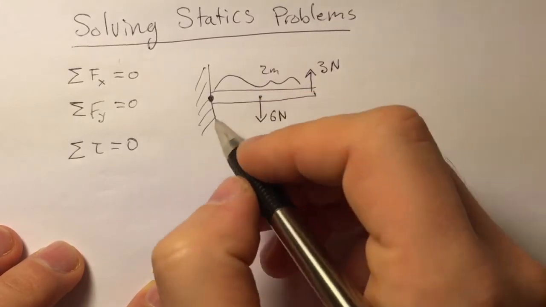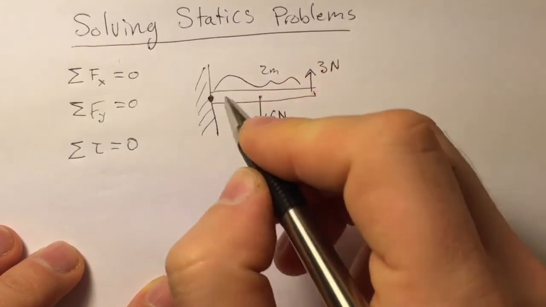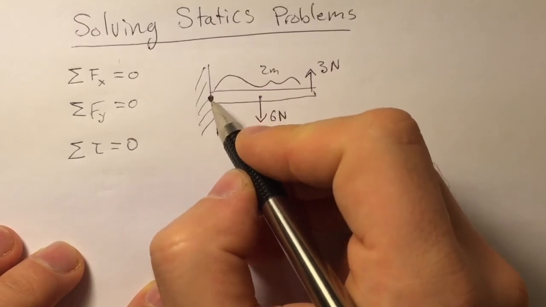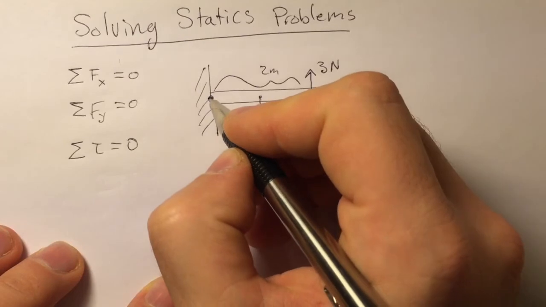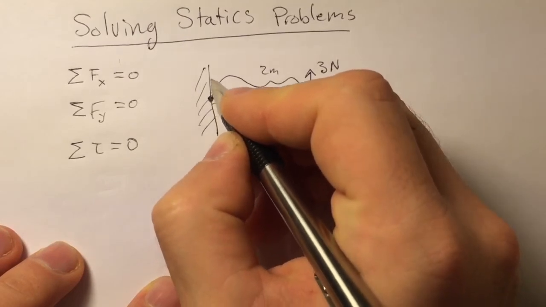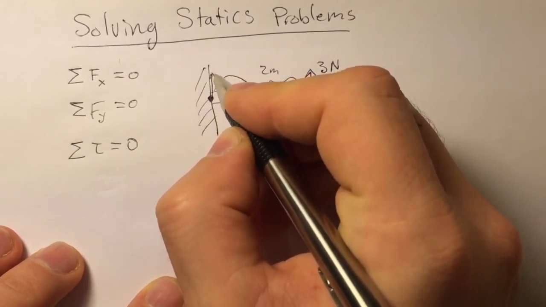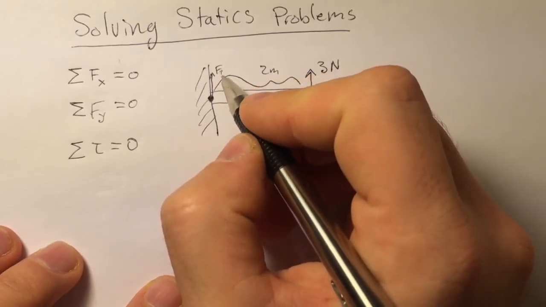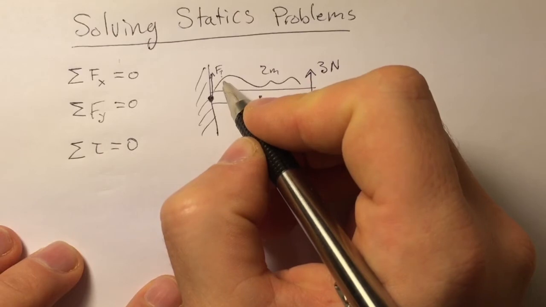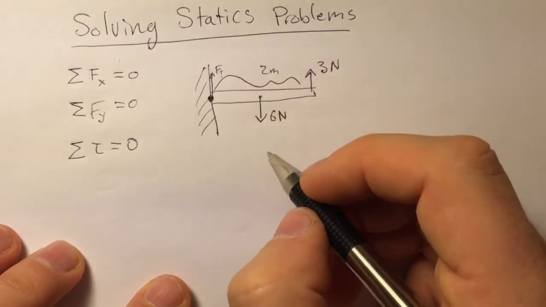And what you want to find is what's the force that the wall is putting on this. We don't know, let's say it's either up or down, and so let's call that F question mark. And I'll say that it's up, but if we get a negative sign for it in doing the calculation, then we know that it should have been down.